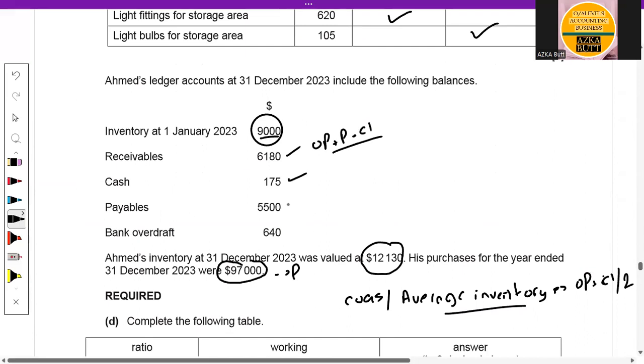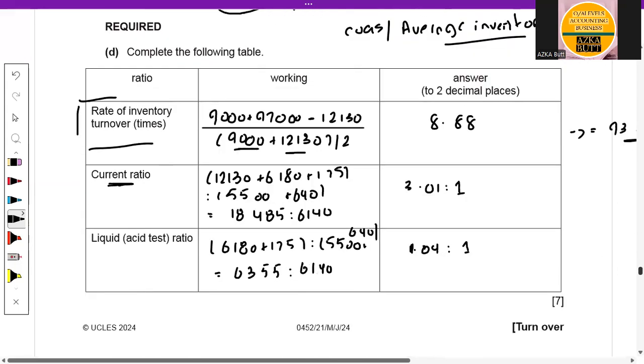And the liabilities would be payables and bank overdraft. So these are the current liabilities, and these are the current assets. Now divide, and you have 3.1 to 1. So it means that for each $1 of liability, you have $3 of assets.